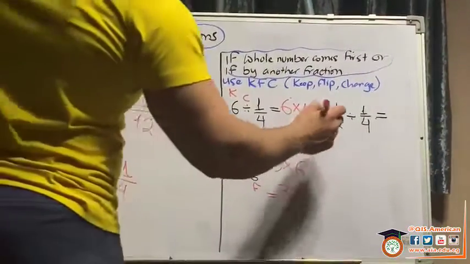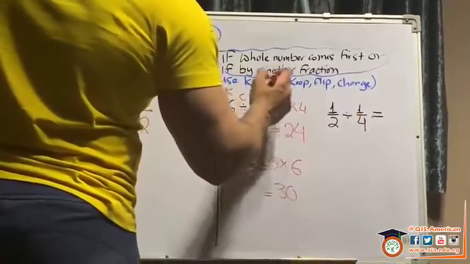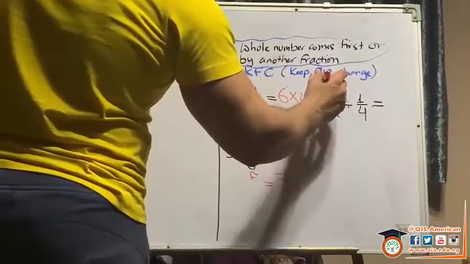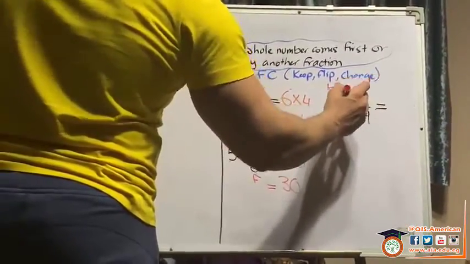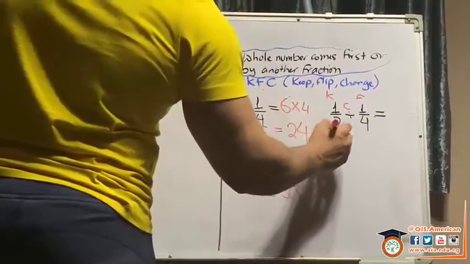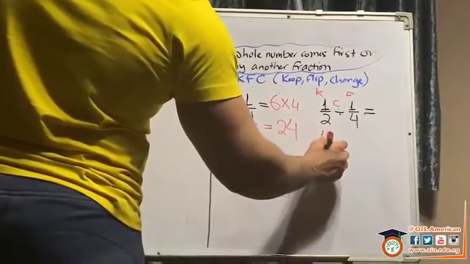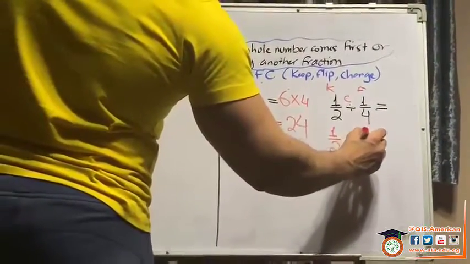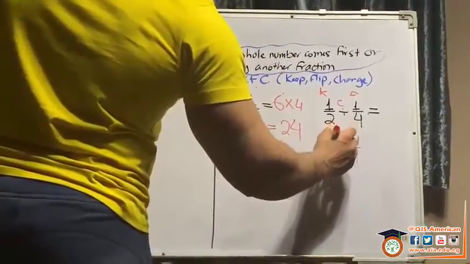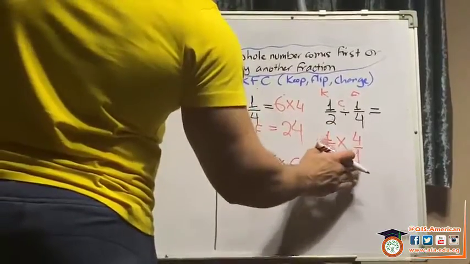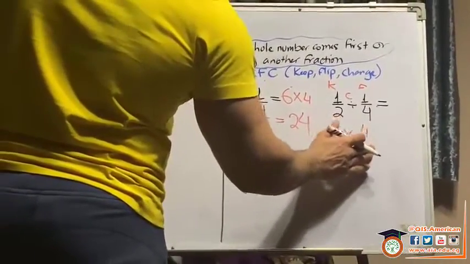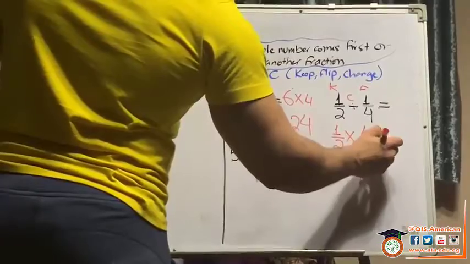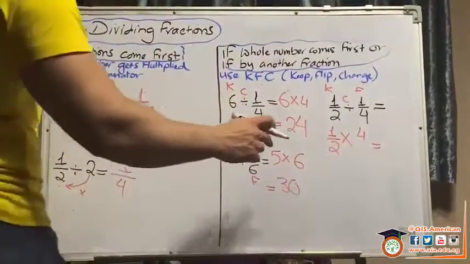Okay? Now here I have 1 over 2 divided by 1 over 4. Okay? Two fractions divided by each other. I'm still gonna use the KFC. I'm gonna keep this one, flip this one, and change the sign. So I'm gonna have 1 over 2. Okay, I'm gonna flip this one, so it's 4 over 1. Okay, and I'm gonna multiply. I can neglect this 4 over 1, or I can keep it, either way, it's not gonna matter.